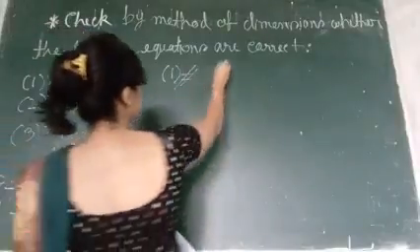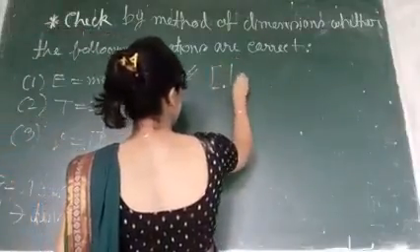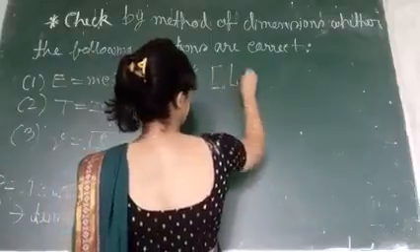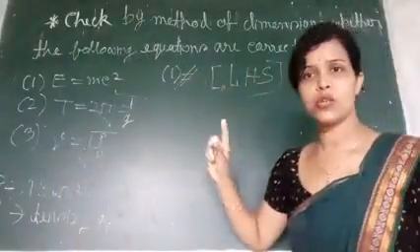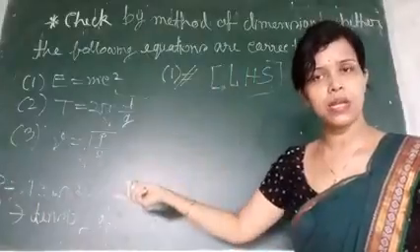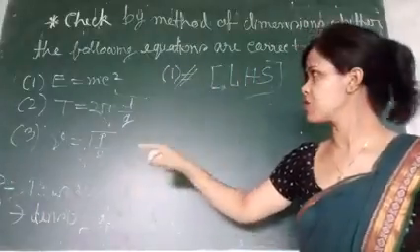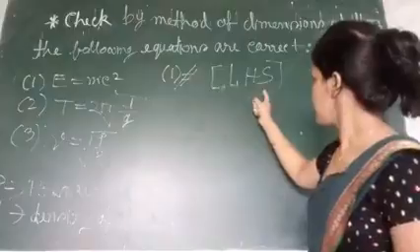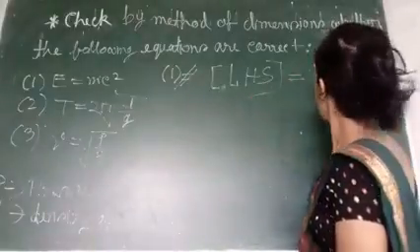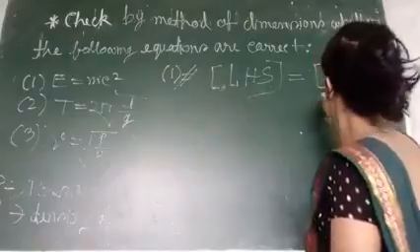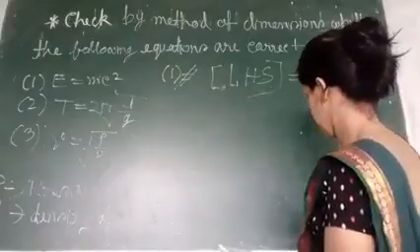So the left hand side, what is given here? By applying the dimensional formula, we will check whether these equations are correct or not. The dimensional formula for the left hand side is E, and what is the dimensional formula for E?